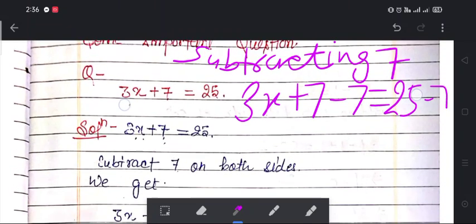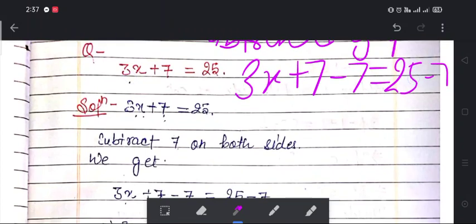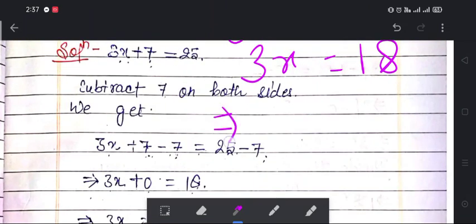Now solve it. We get 3x, and 7 minus 7 becomes 0, and here we get 25 minus 7 as 18. So this implies 3x is equal to 18.